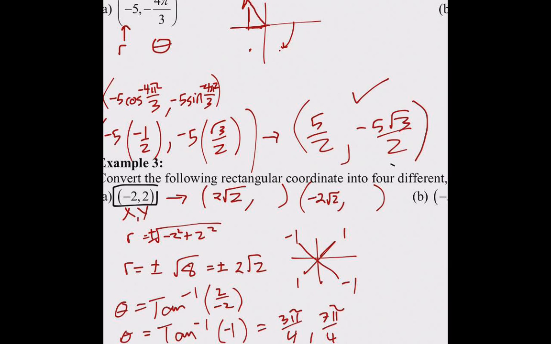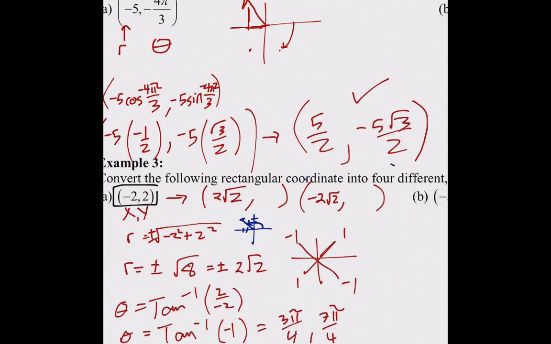This -2, 2 point, if I actually plot it somewhere, you know where that is, right? -2, 2, let's do a quick graph, is here. Left 2, up 2. So my polar coordinate is supposed to represent the same thing. What I'm going to get is, by some angle, I need to be pointing in this direction and go out a particular radius, which we know is 2 radical 2.